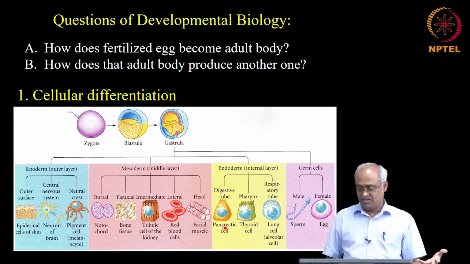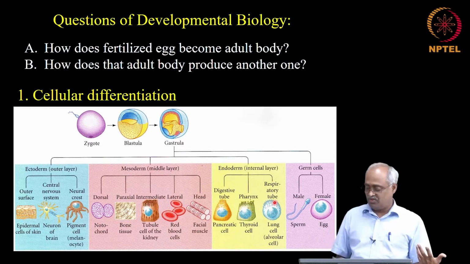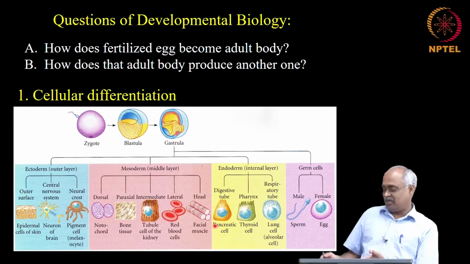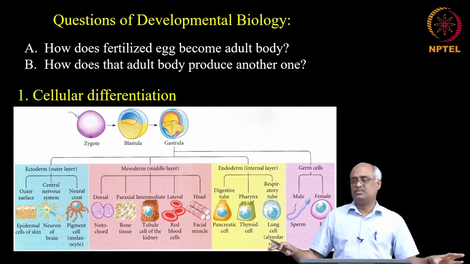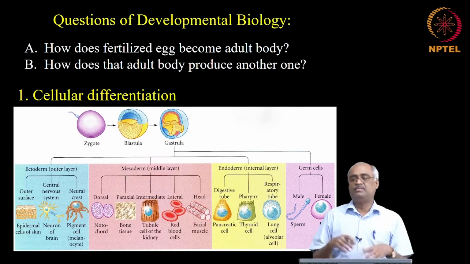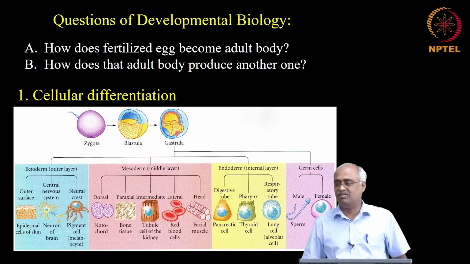Muscle cells and digestive tube cells, the intestinal mucosa, if you look at the gland cells, thyroid cell for example, and the lung alveoli. And then the gametes, the most important of all, sperm and egg. So, these are different kinds of cells. How cells differentiate? Okay, that is one of the most fundamental questions in developmental biology.